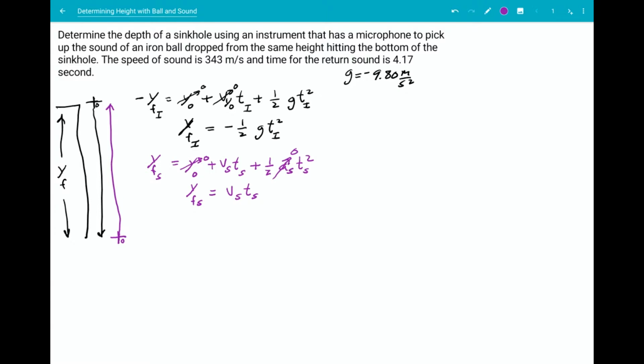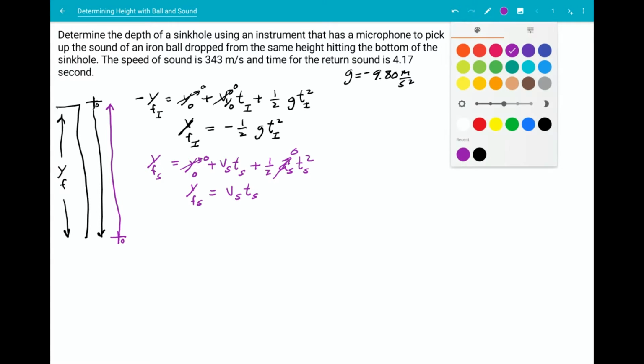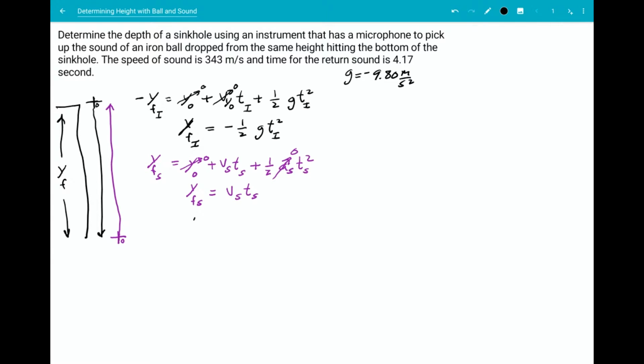Now, if you look at this, both y final iron is equal to y final sound. We can now make these two equations equal to each other.